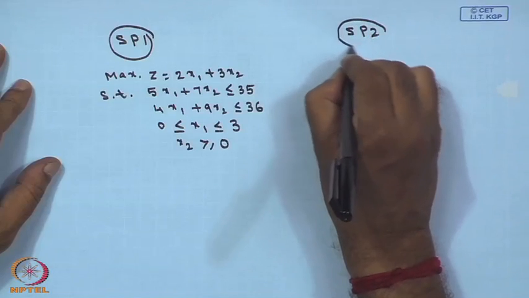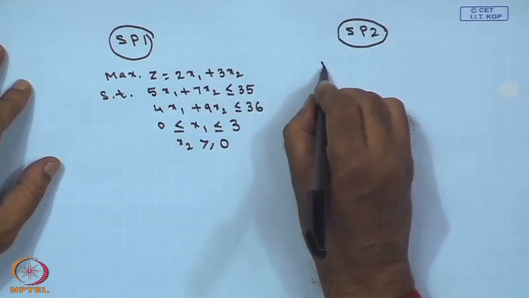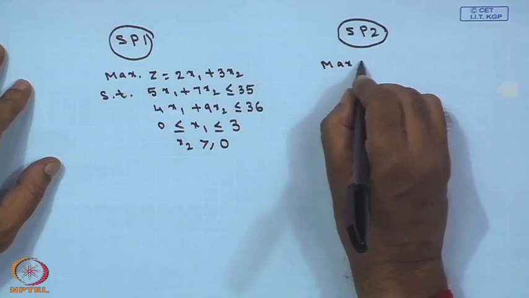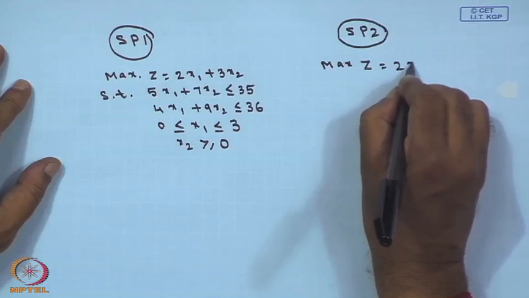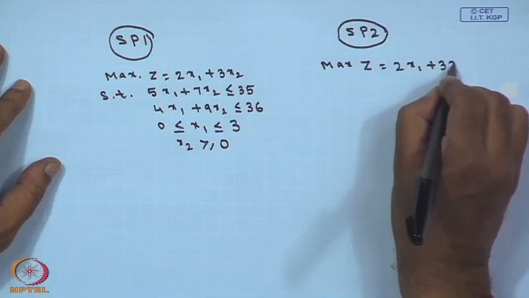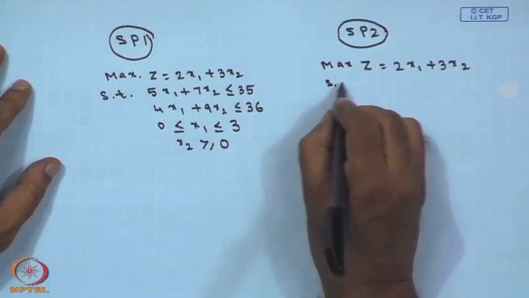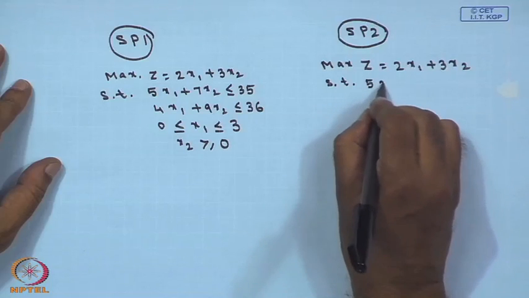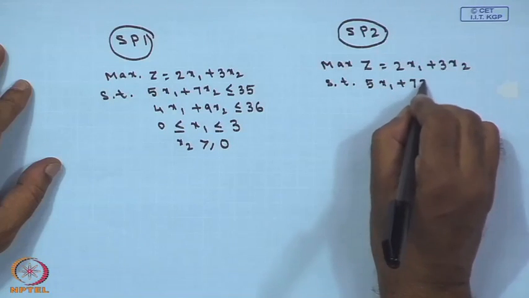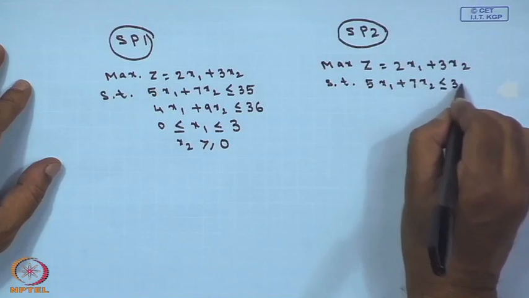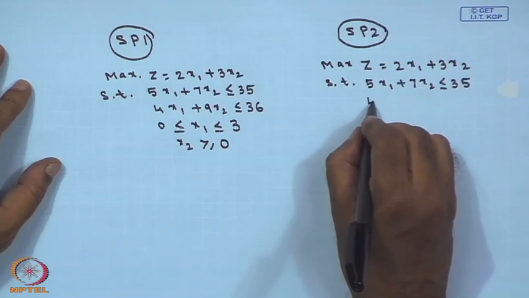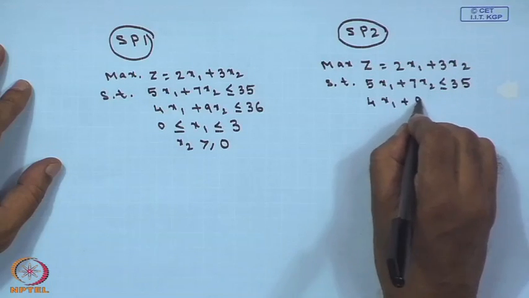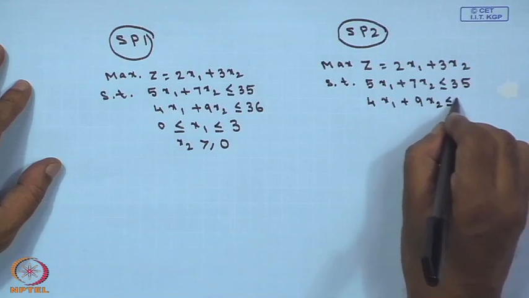What is sub problem 2? In sub problem 2, the first part will remain the same, that is maximize z equals twice x1 plus 3x2 subject to 5x1 plus 7x2 less than equals 35, 4x1 plus 9x2 less than equals 36.